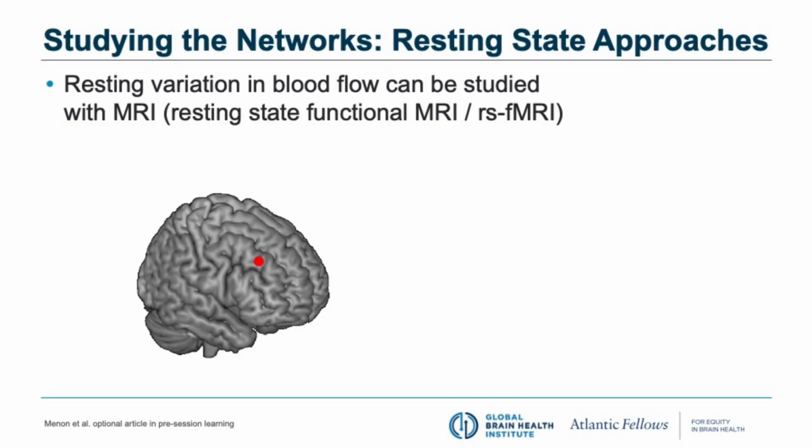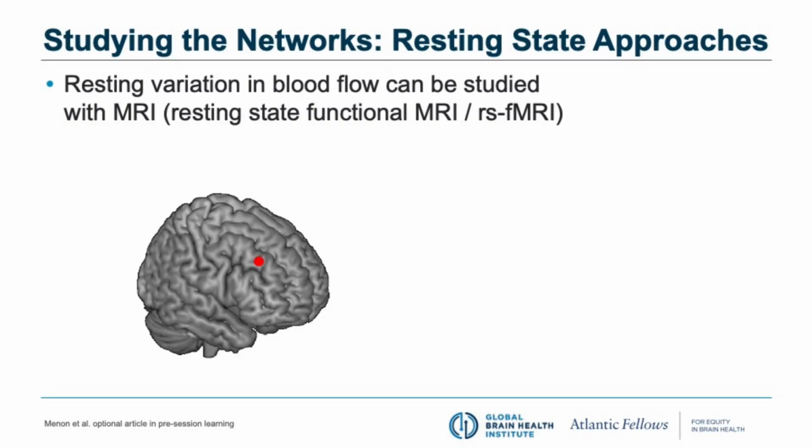In the 2000s and after that, we discovered that there's another relationship within networks that can also be exploited to understand the networks, and this is the variation in blood flow at rest. What I showed in the first slide is that blood flow increases and decreases in response to the task, but there's also varying blood flow over time in different regions of the brain, and not all regions have the same exact pattern of when blood flow is going up and down.